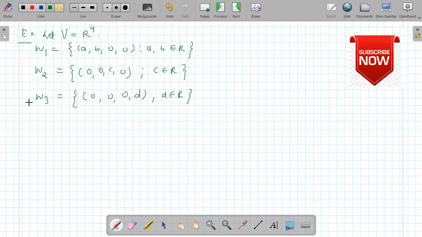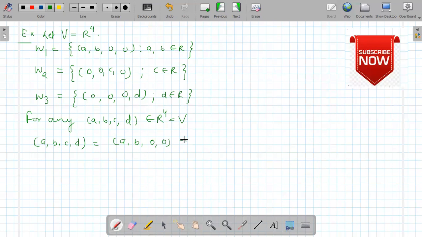Then you can see that for any vector A, B, C, D that we obtain from this vector space R4, we can write this A, B, C, D as A, B, 0, 0 plus 0, 0, C, 0 plus 0, 0, 0, D. You can write this vector this way.